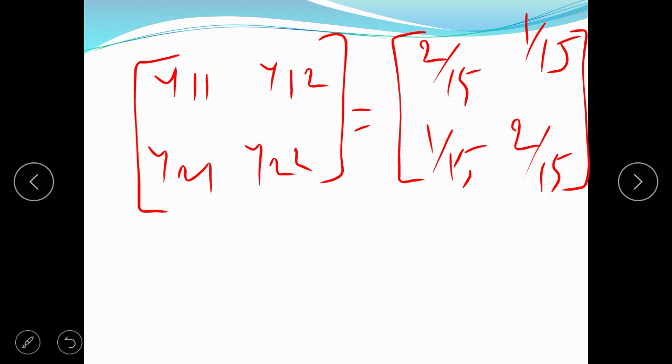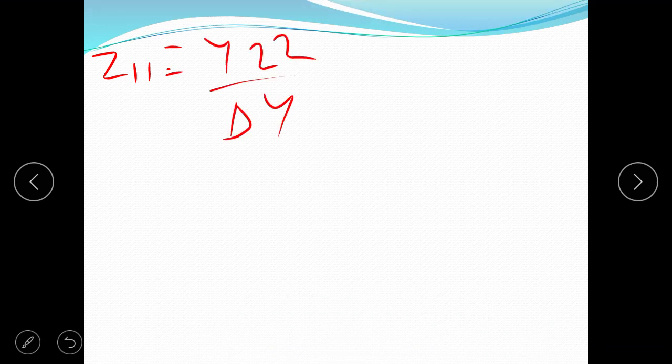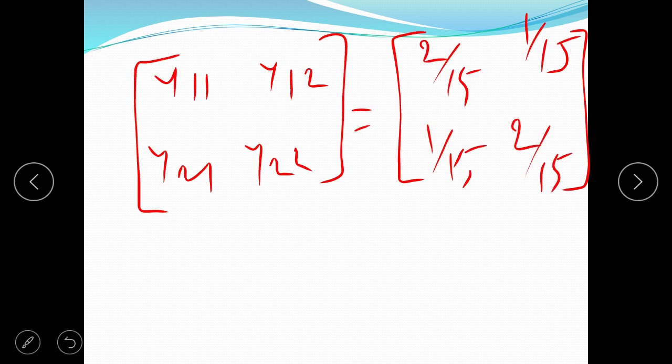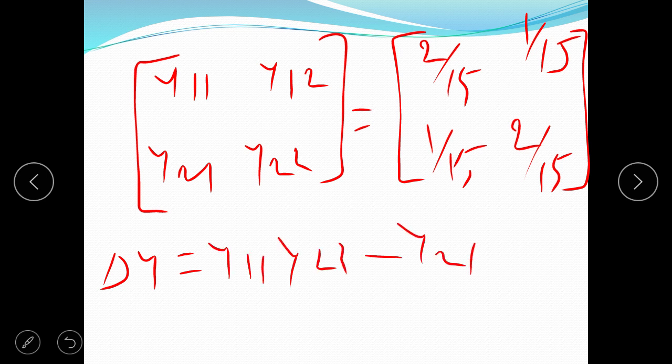Now Z parameters in terms of Y parameters. We know that for the Z parameter, Z11 is equal to Y22 upon del of Y, where del Y is equal to Y11 Y22 minus Y21 and Y12.